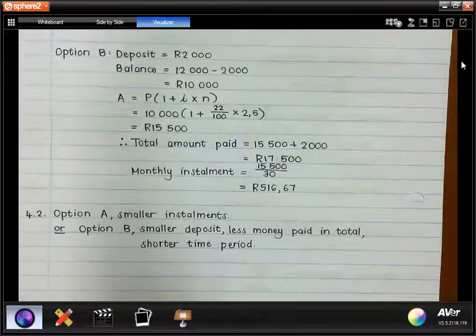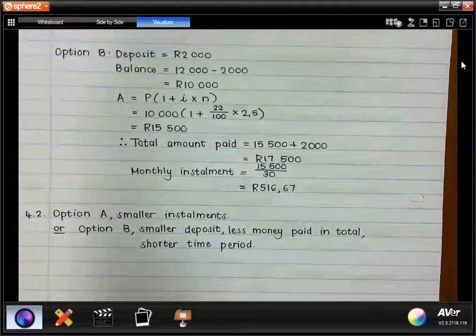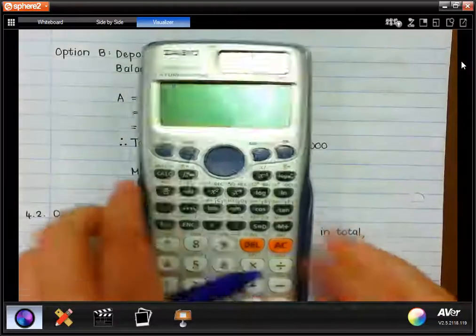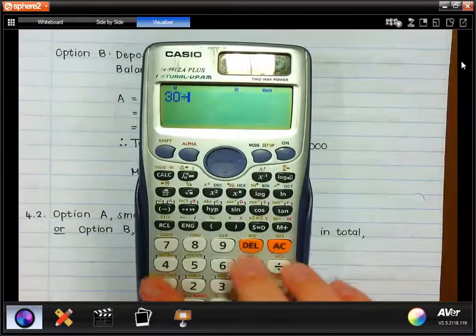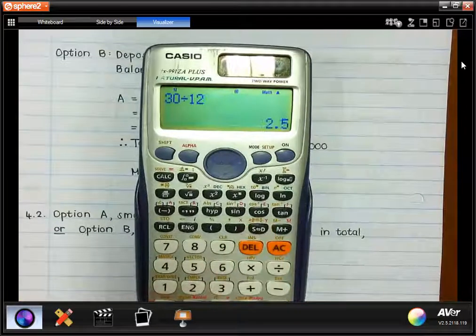30 months, how many years is that? 1 year is 12. 2 years would be 24. And then we have another 6 months to get to 30. Does that make sense? That is 2.5 years. If you don't know that, guys, or if you don't want to take chances, you can just take the calculator and take the number of months that they gave you and divide it by 12, because there are 12 months in 1 year, and it will come up as 2.5.